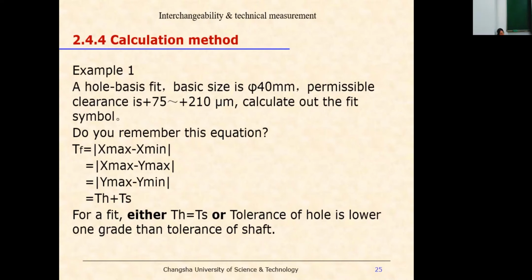How to use this permissible clearance compared to the fit? How do you use that? The minimum clearance is the minimum, right? It's from here to here.